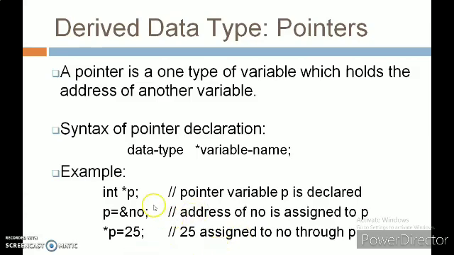So in the example given here, int *p means it creates a pointer variable p. p = &number means it will assign the address of variable number to pointer variable p. And *p = 25 means value 25 is assigned to the number variable through pointer p.